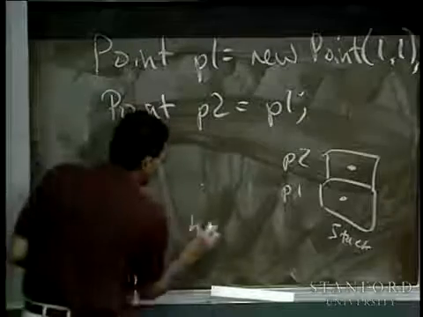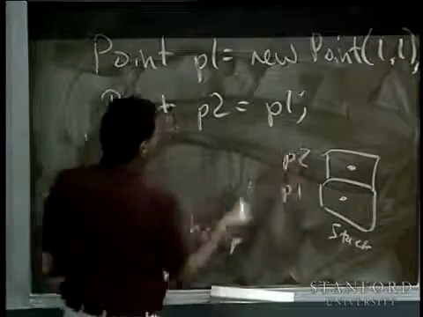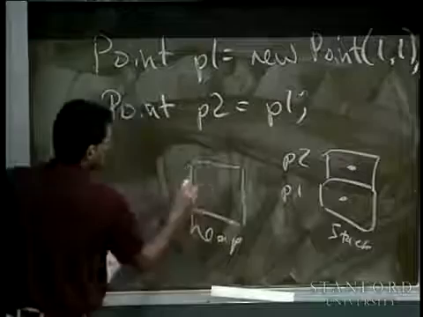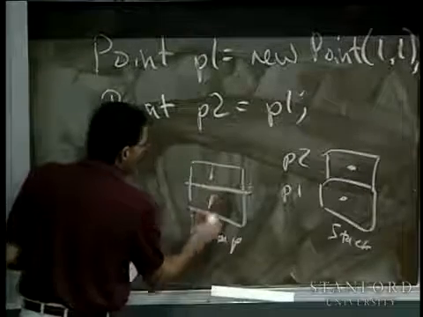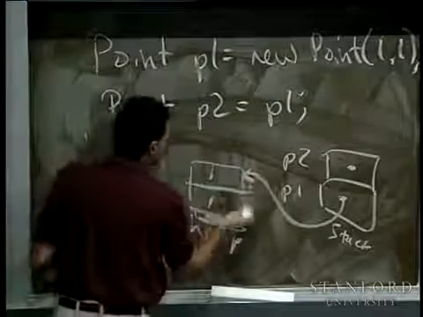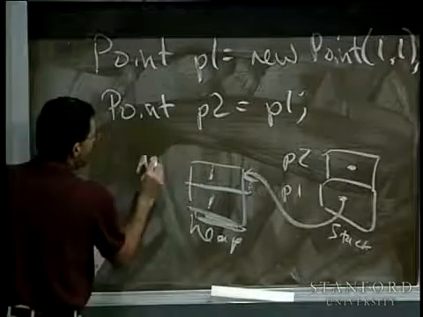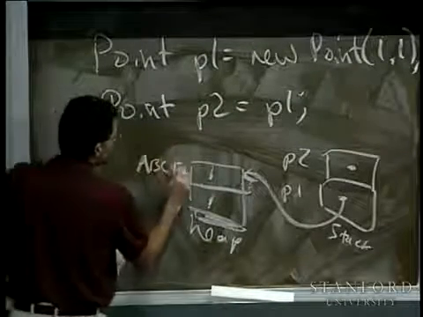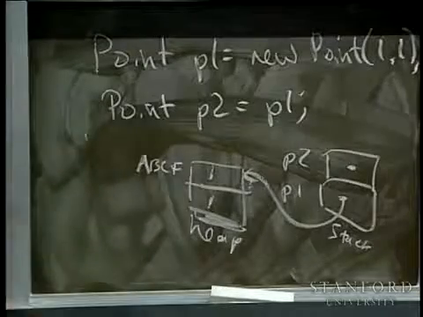Here's the heap over here. When I create p1, I create some space that's going to store a 1 and a 1, and there's some overhead down here that I don't care about. And this guy's going to point over to here. Let's say this is memory location ABCF. Okay? It's just some memory location.